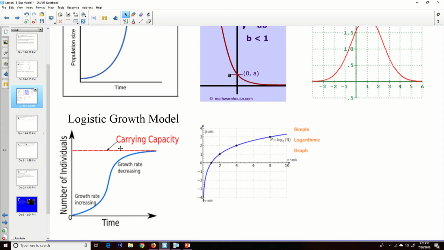Now, just as an example, take the population of humans on the Earth. We're currently in this section, but eventually it's going to have to level off because we are going to run out of space and resources here on the wonderful planet Earth. And finally, we've seen a couple examples of logarithmic graphs, and you'll see those there.